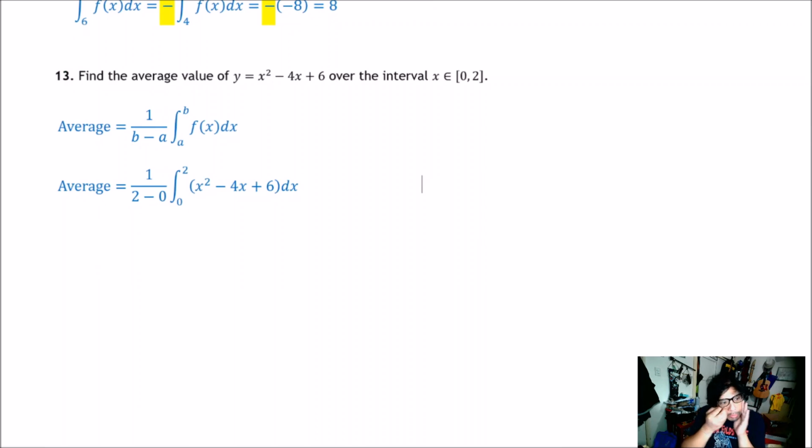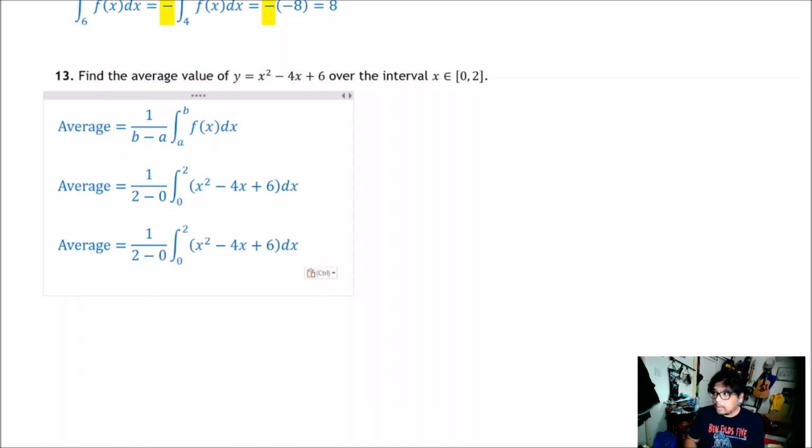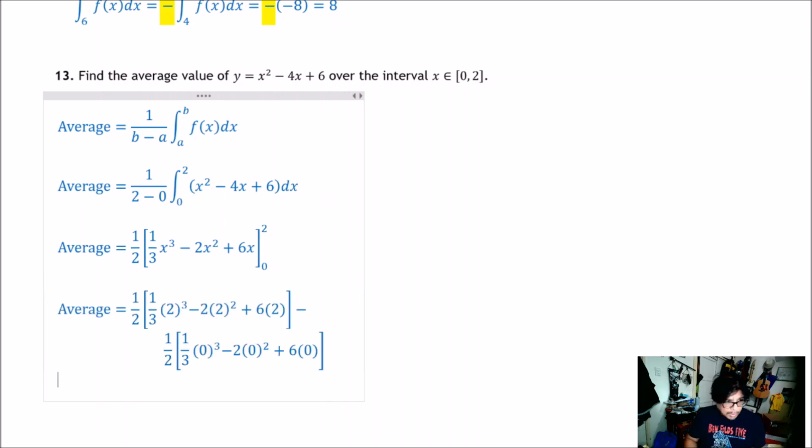And so now the only thing left to do is to integrate this and substitute. Of course, we've got 2 minus 0 is just 2. And then we're going to do an integral of x squared minus 4x plus 6. Take that integral and go from 0 to 2. And then we'll evaluate each piece here.